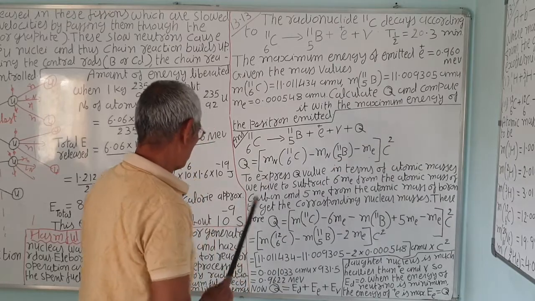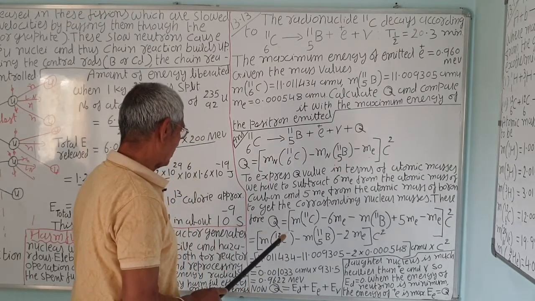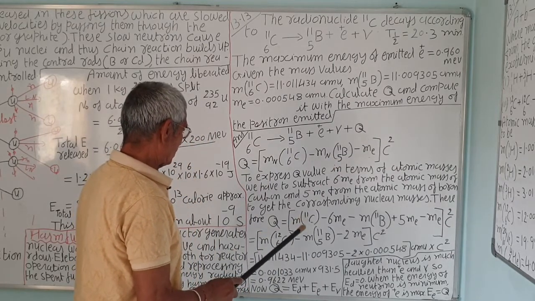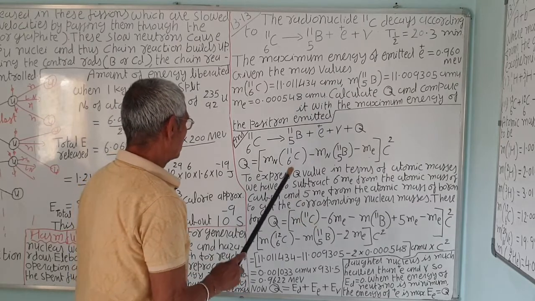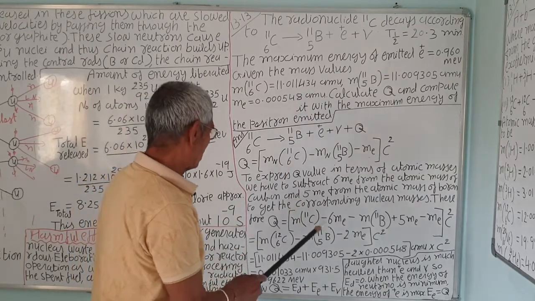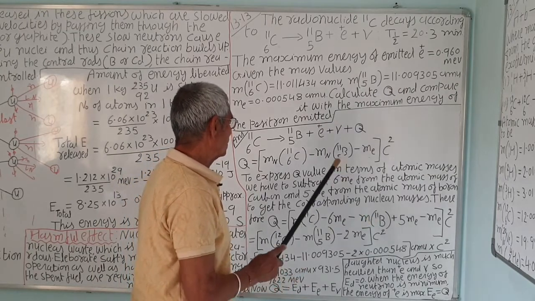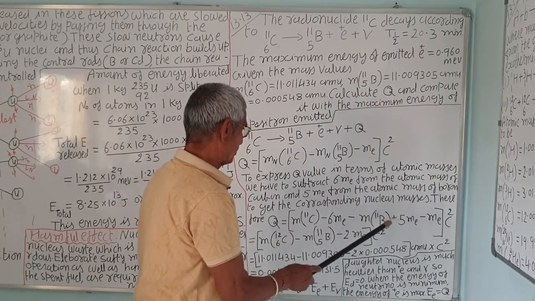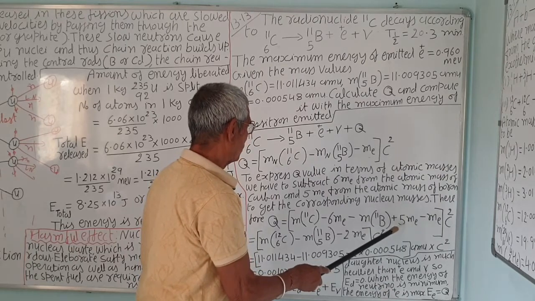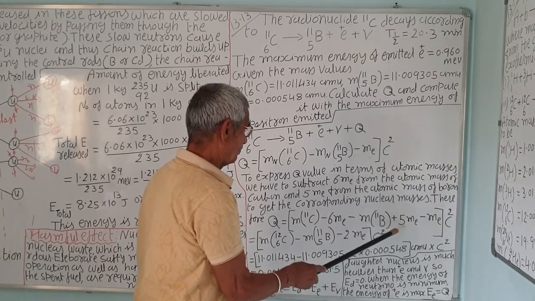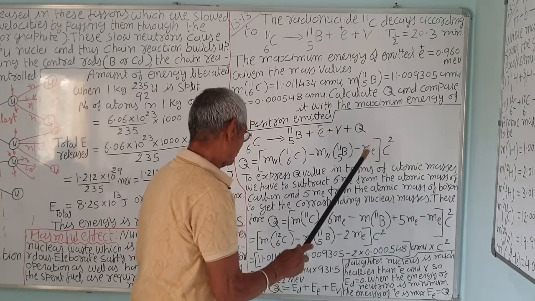Therefore, Q can be written as the mass of carbon-11 minus the electron mass in carbon, 6 Me, minus the mass of boron, plus 5 Me, the electrons in the boron atom, minus Me.